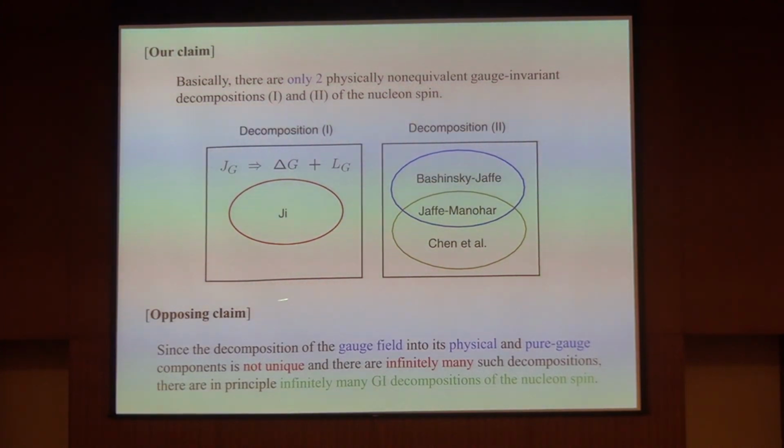However, the opposing claim has rapidly spread over the QCD spin physics community, because the decomposition of the gauge field into its physical and pure gauge components is not unique at all. There are infinitely many such decompositions. Therefore, there are in principle infinitely many gauge invariant decompositions of the nucleon spin.